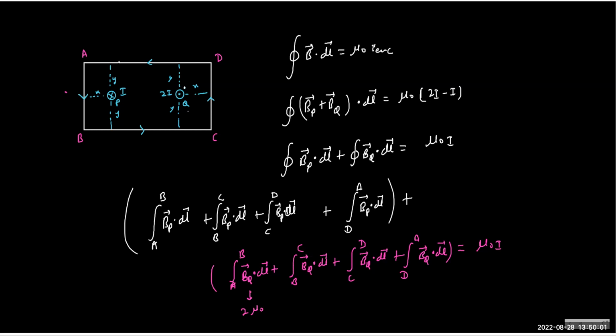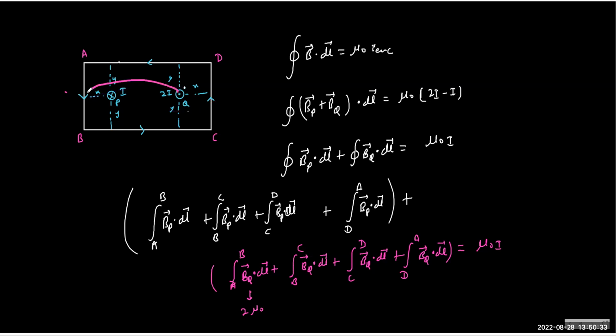If this creates BQ dot DL from A to B as 2 mu naught, what do you expect this will create here? It is symmetrical. This distance and this distance are the same, right? It will be mu naught, because it's half the current, right? Yes, sir.